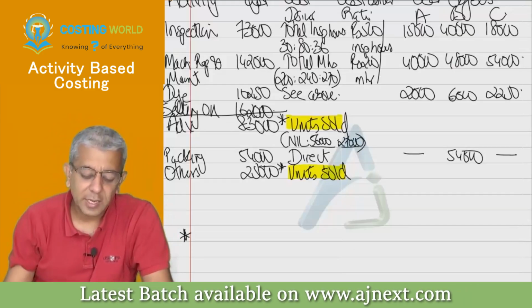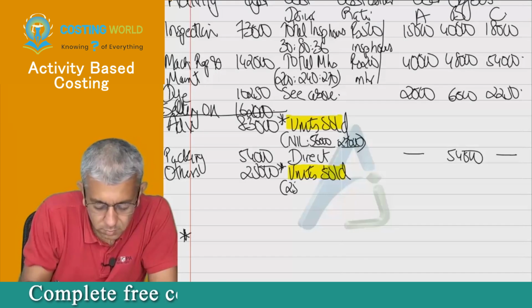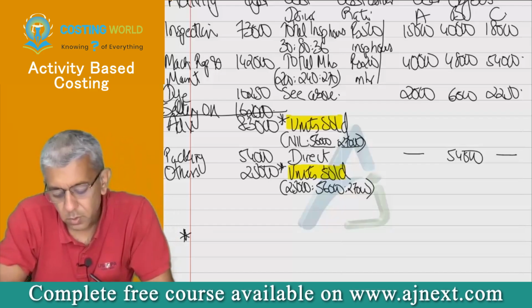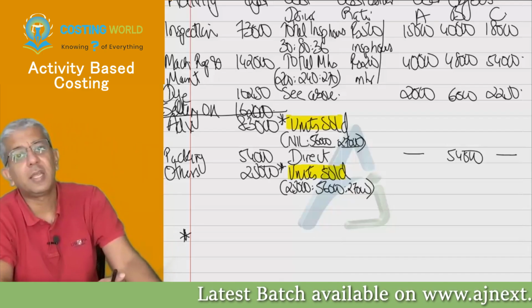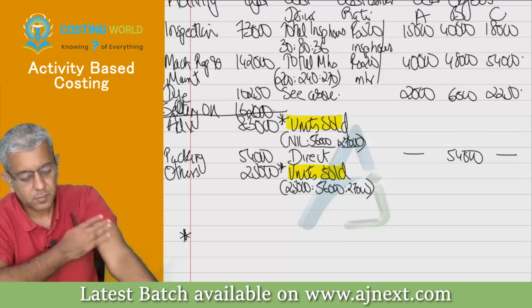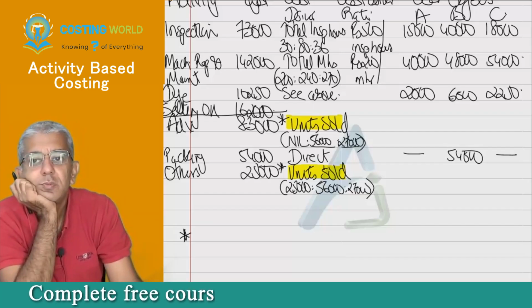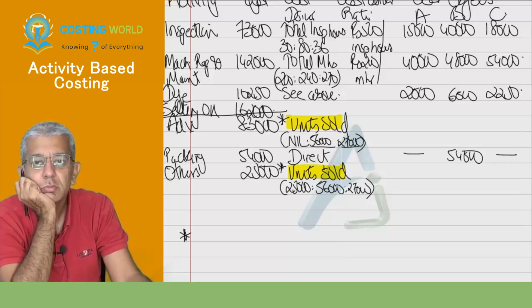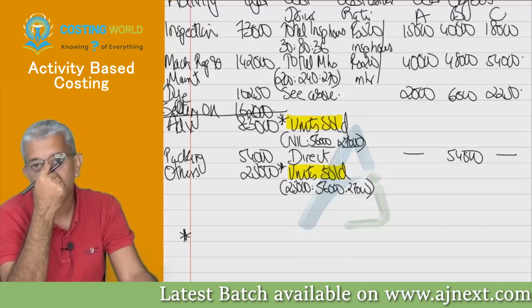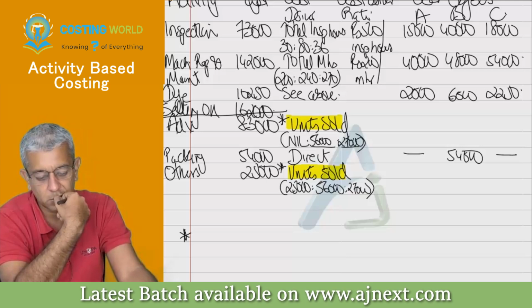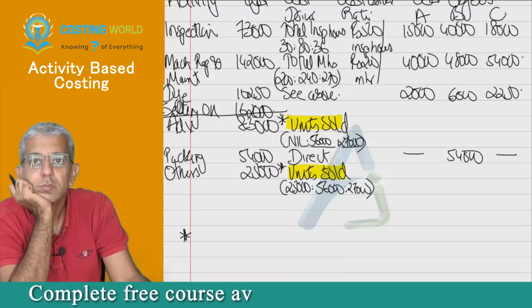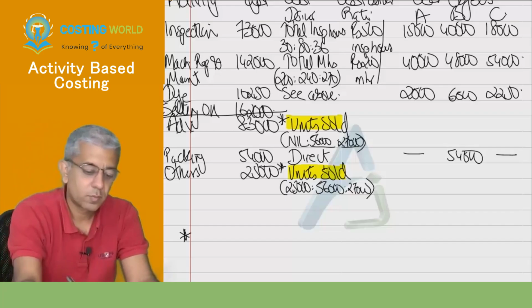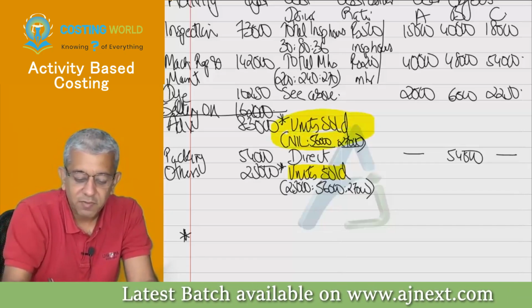Full stop. Alternately, they can be divided in the ratio of sales in rupees. Write down whatever I have highlighted right now.